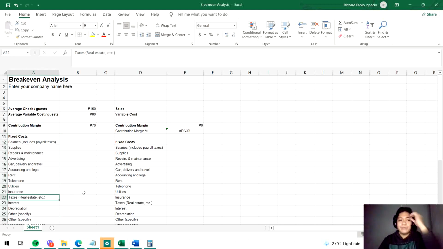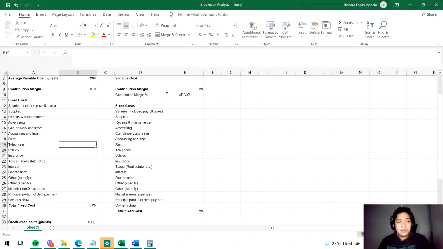Again, uulitin ko, contribution margin, ito yung matitirang pera sa ating nabenta na pwede nating ilaan or itubos para sa ating mga fixed cost. So, ibig sabihin, sa kinita natin na 150 pesos per guest, meron tayong variable cost na 80 pesos. May natitirang 70 pesos doon sa kinita natin na pwede nating itubos or ilaan para may pambayad tayo sa mga fixed cost natin. So, this is the contribution margin. Yun po ang tawag doon.